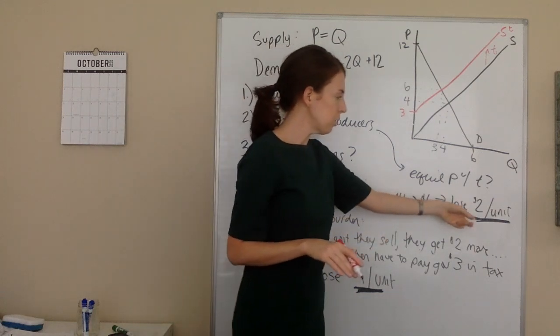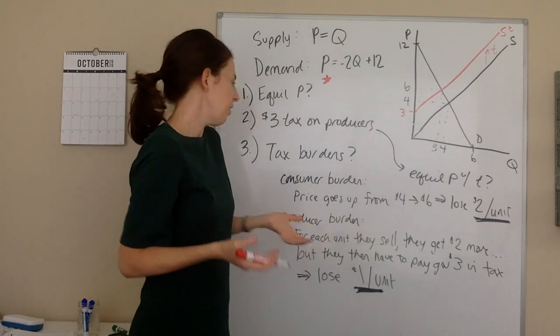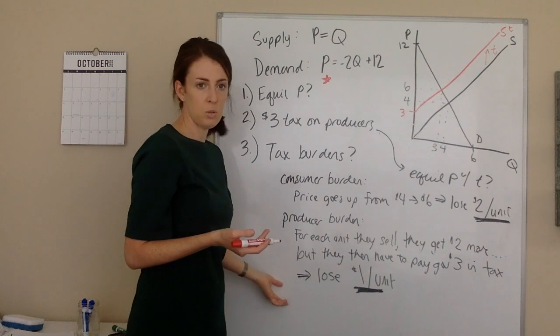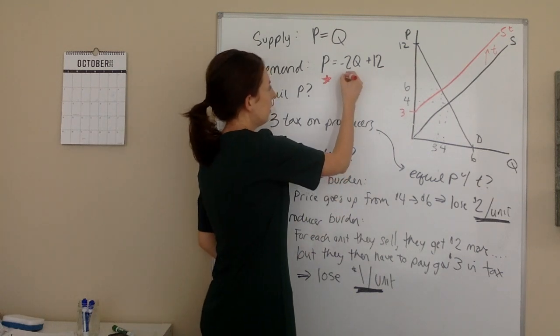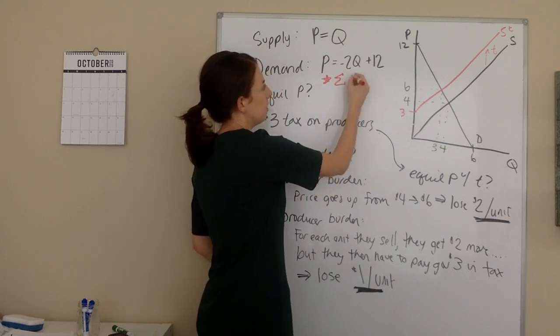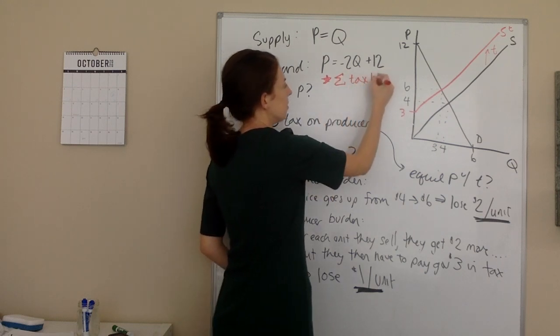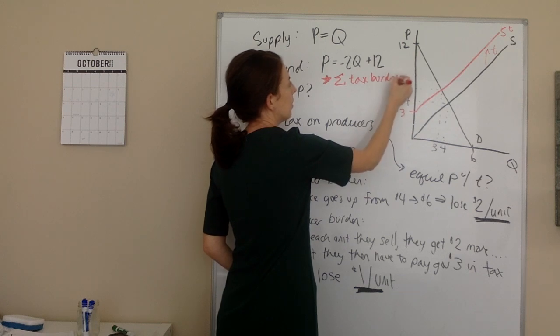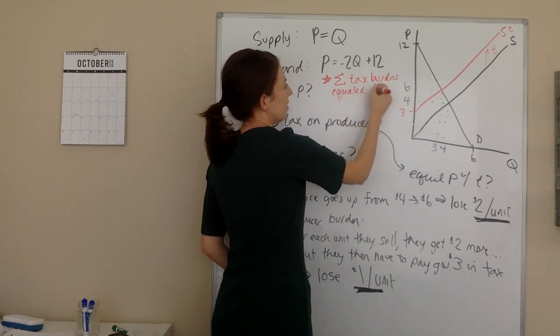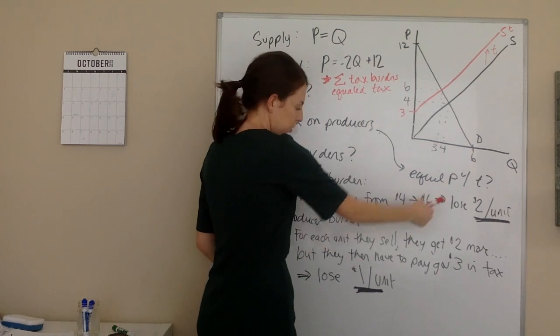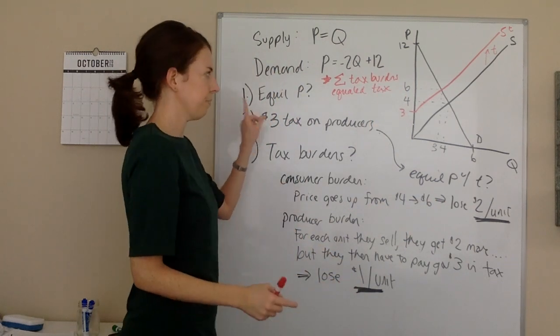Two of the dollars were felt by the consumers. One of the dollars was felt by the producers. So I'm going to put the sum of the tax burdens equaled the tax. In other words, 2 plus 1 equals 3.